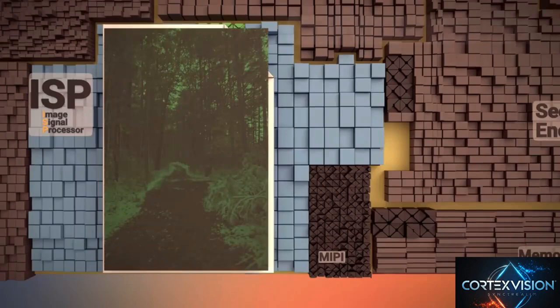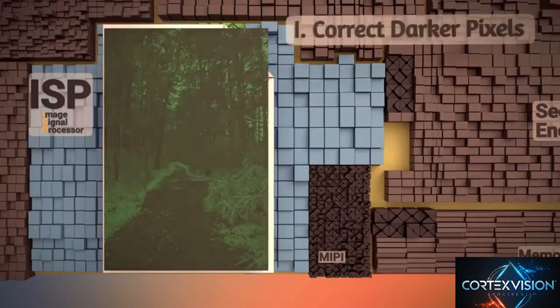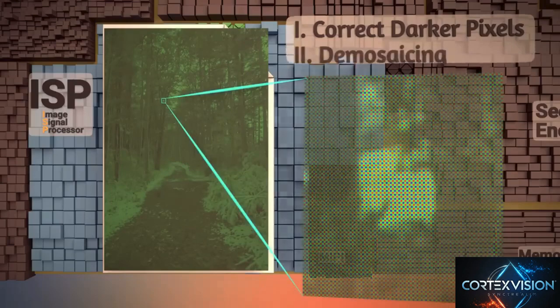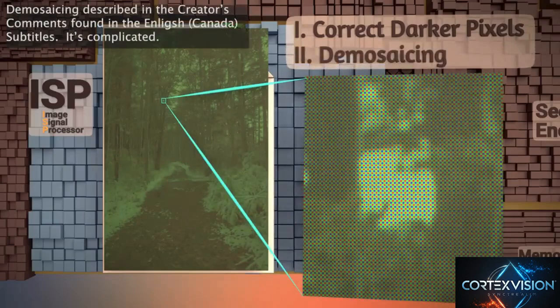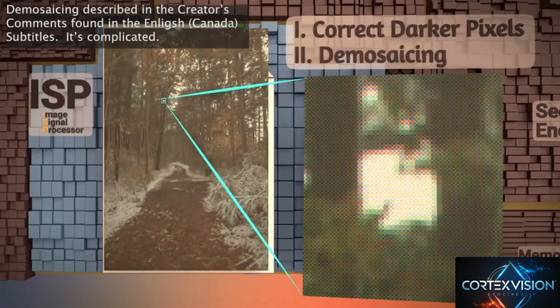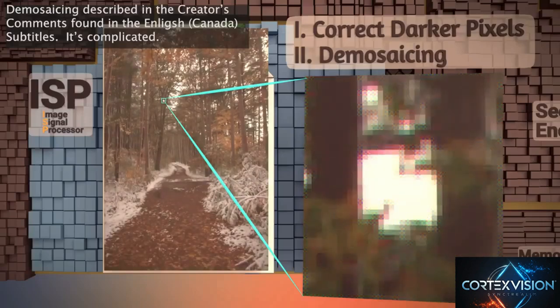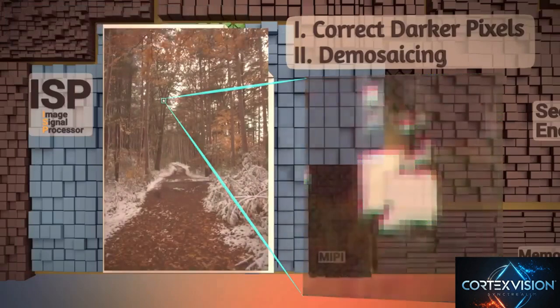These steps involve first correcting for darker pixels on the edge of the sensor due to lens shading. Then the ISP performs the demosaicing process, which involves taking the image data and the pattern on the camera's color filter and calculating a red, green, and blue value for every pixel.